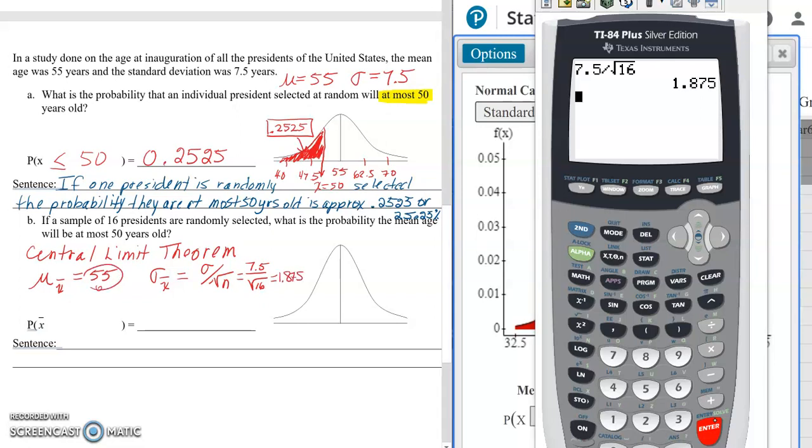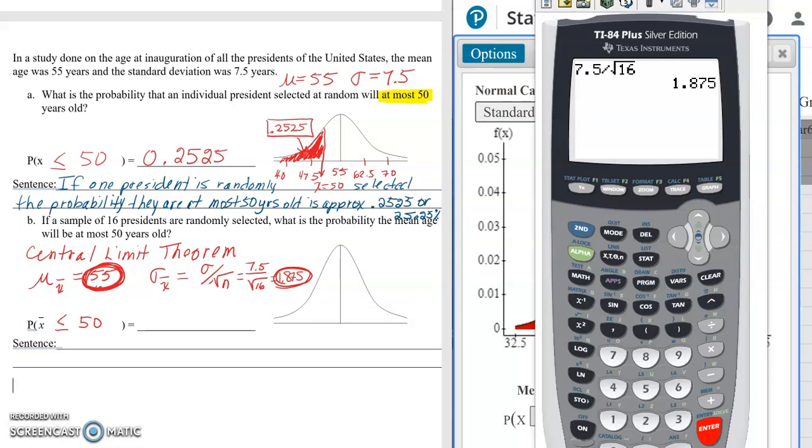So we keep our mean of 55, but our standard deviation changes from 7.5 to 1.875. We're still going to use StatCrunch for this. Our probability statement is now P(x̄ ≤ 50). Notice that instead of x, we're using x bar.